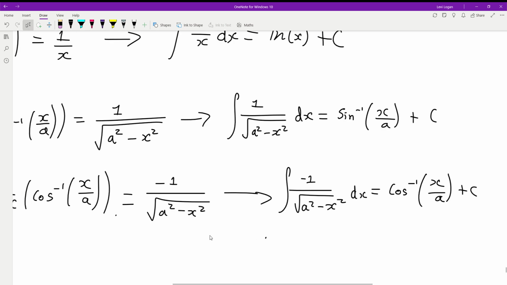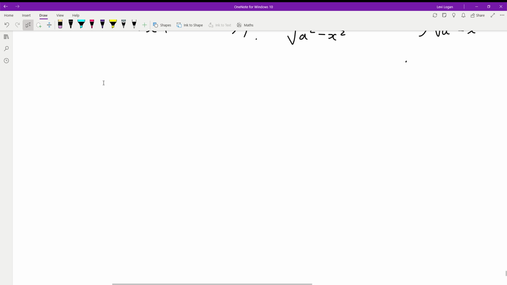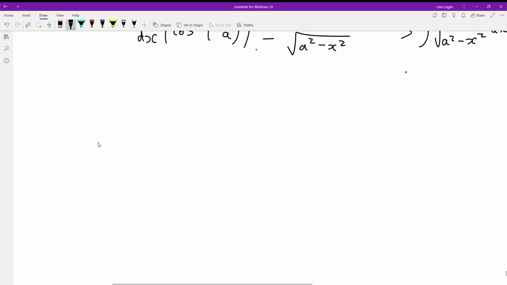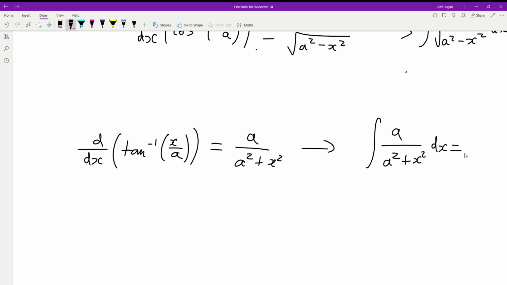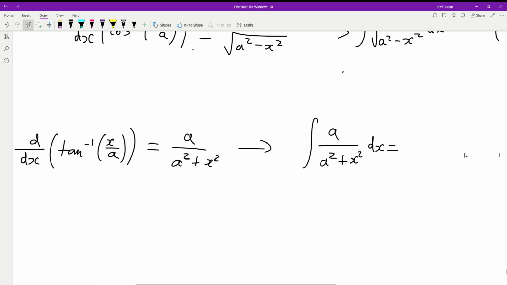And then finally, like we just proved before, if the derivative of tan inverse of x on a gives you a on a squared plus x squared, this implies the integral of a on a squared plus x squared dx gives you tan inverse of that plus a constant.